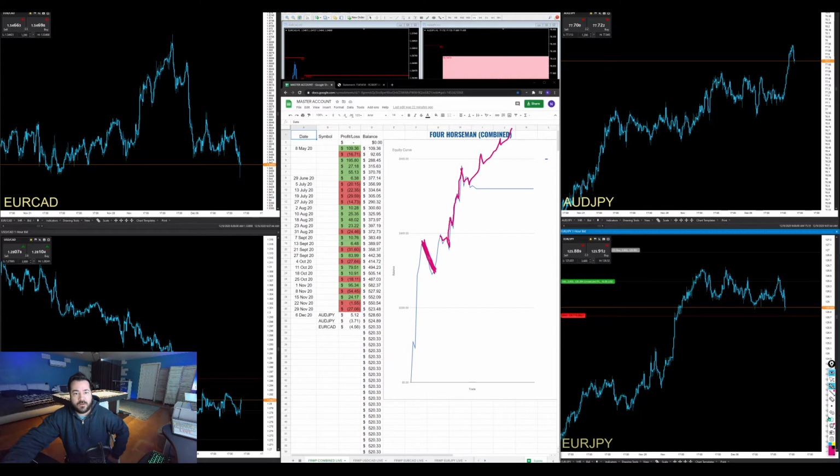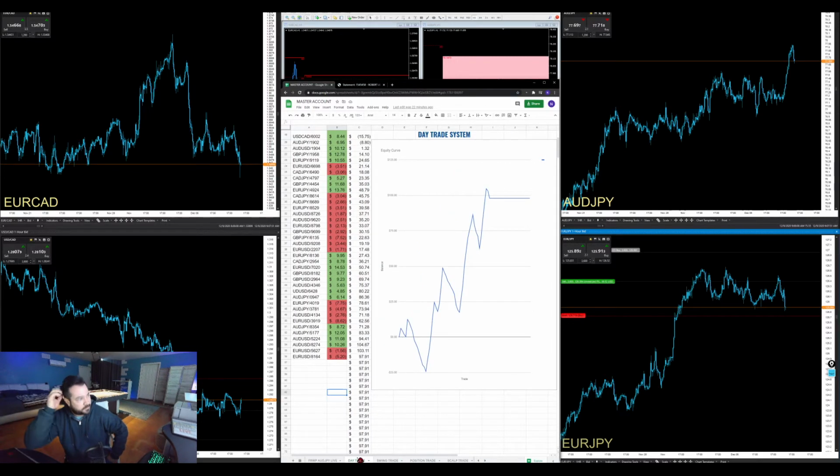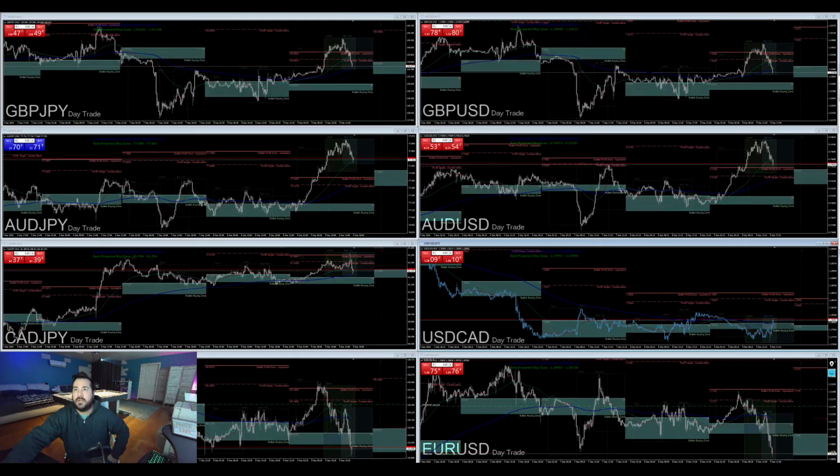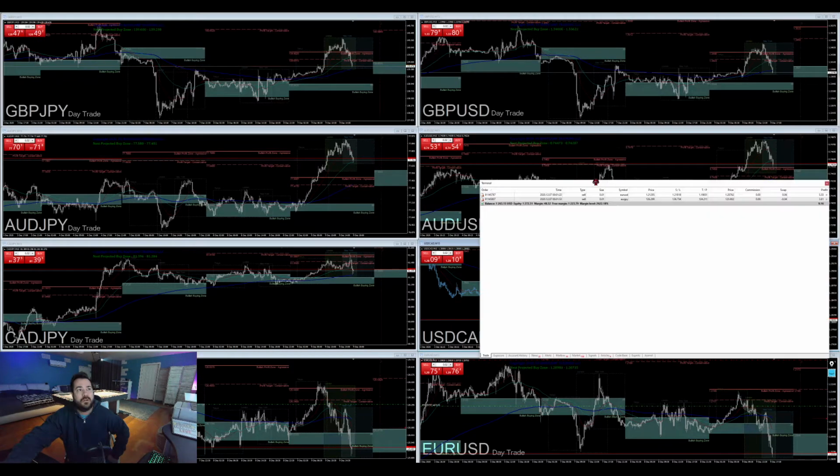So moving on to day trades. I actually need to update this one right now. Okay, let's move this on over. Still have a few floating trades. So these are my swing trades right now.